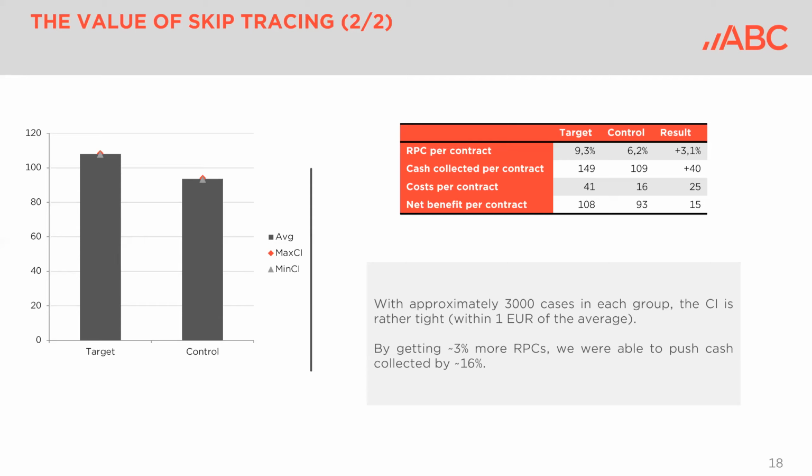But the skip tracer was a collector. So they had to find the number, call, and collect. It's not like a department where you find things and just put them in the database. And it's very interesting that by getting 3% more RPCs, we're able to push the cash collected by 60%. So this is a great one.